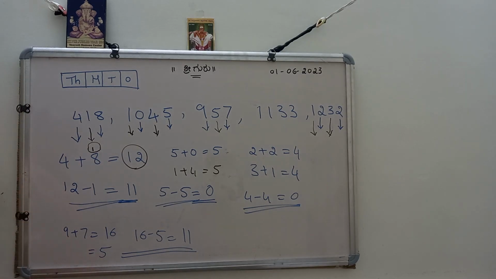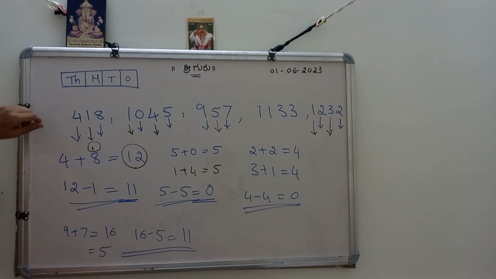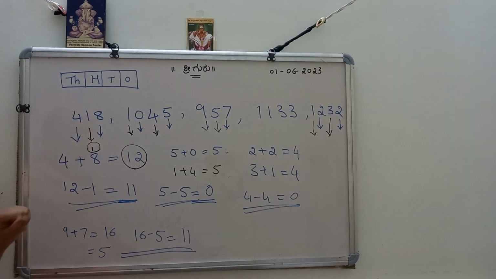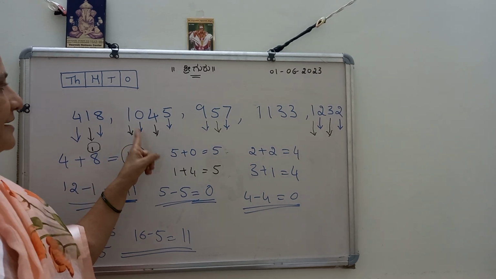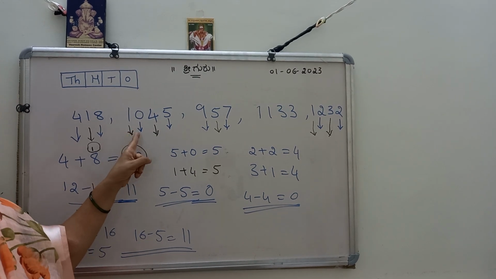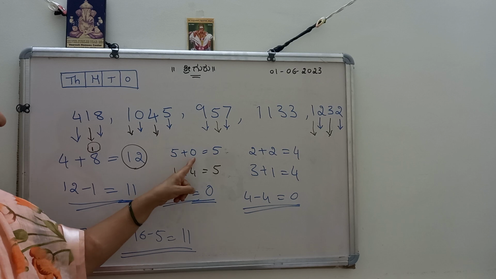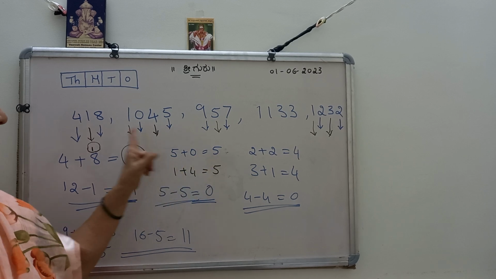What did we observe here? In 418, we added digits in odd places, 4 and 8. It is 12. And digit in even place is 1. So if you take the difference, 12 minus 1 is 11. In the second number, digits in the odd places, 5 plus 0, we get 5.